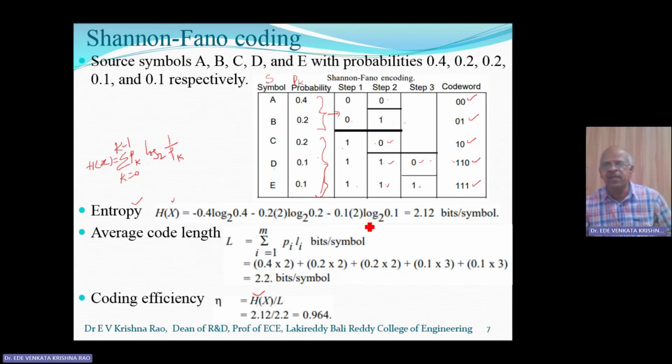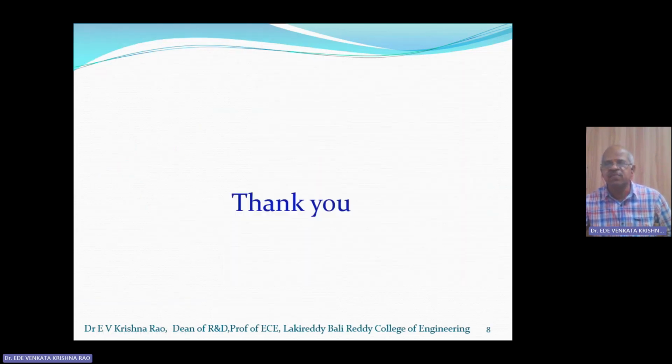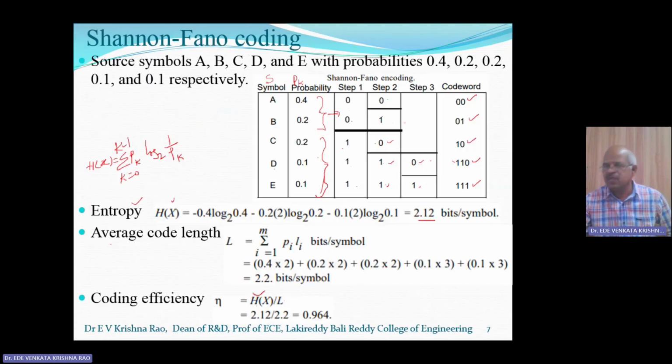So we got 2.12 bits per symbol. This is the average information, the entropy. And now the average code length: here the code length L k of each source symbol is 2 bits, 2 bits, 2 bits, 3 bits, 3 bits.